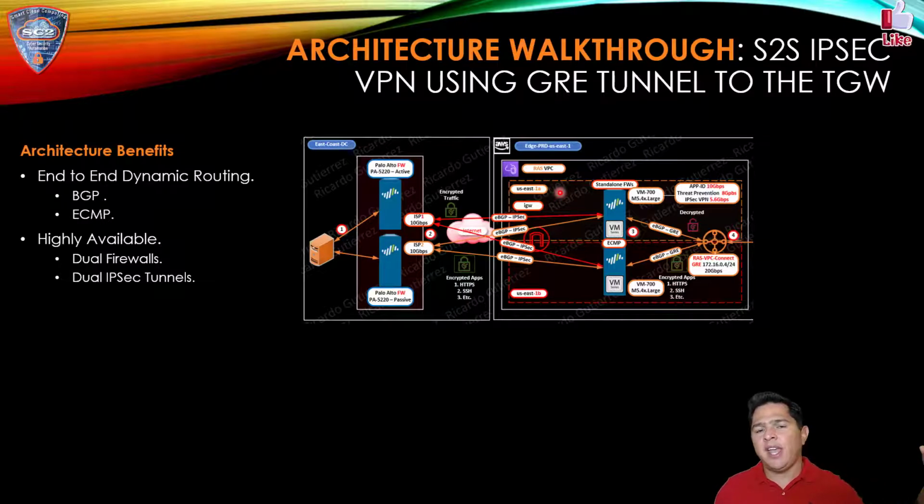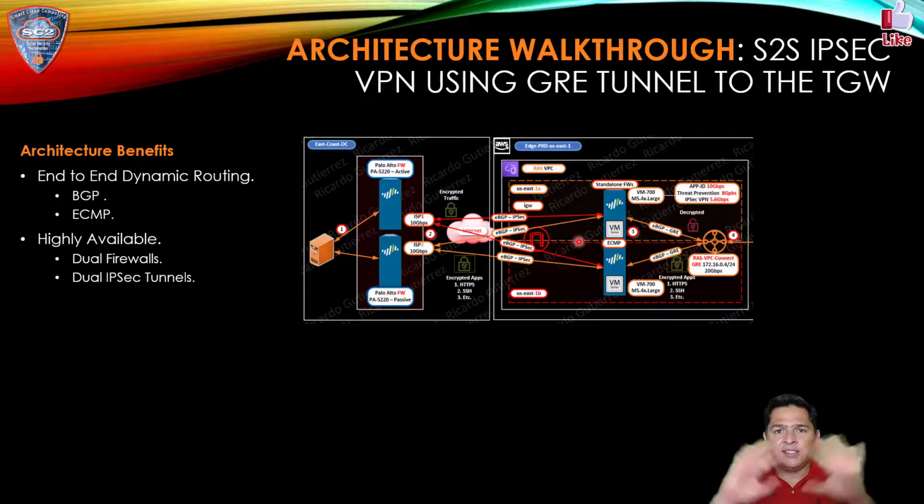For instance, if you have firewalls in the US East 1 region, which is Virginia, in that region, AWS has 6 data centers. So in this diagram, I have built a firewall in AZ 1A and the other firewall in AZ 1B. So this provides high availability, redundancy, and separate physical fault domains, which makes it very trustworthy.